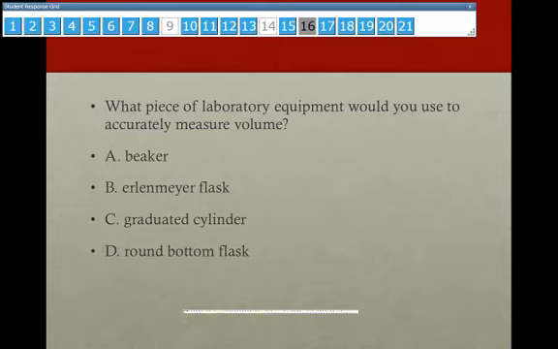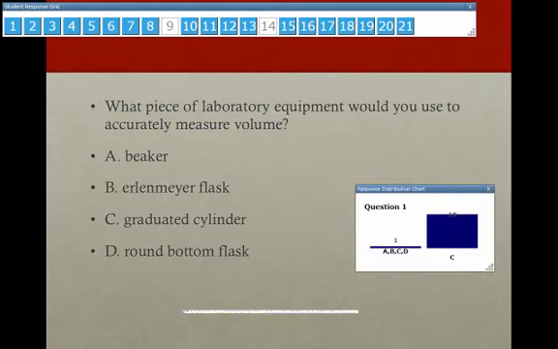It hasn't received yours yet. There we go. Answer is C. Yes.